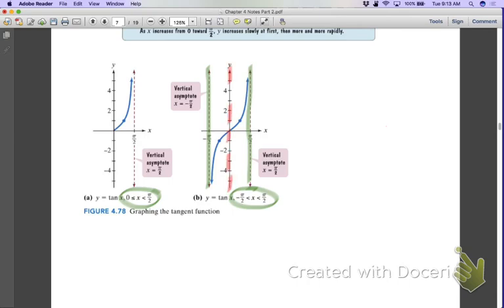Whenever I cut it in half, where's it going to cross in the middle of my graph? 0. Where do you think it's going to cross every single time? 0. Unless we shift this thing up or down, it's going to cross the x-axis. Unless there is some sort of vertical shift, just like there was yesterday.